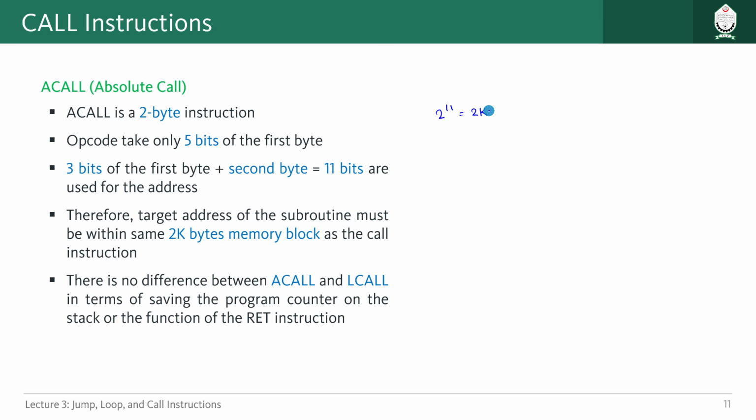So what happens basically is, whenever you have a call, you can think of your ROM as a combination of multiple memory blocks. Okay, so let's say you have 64K bytes of memory. You can actually divide those into 32 different memory blocks, maybe up to the last one.